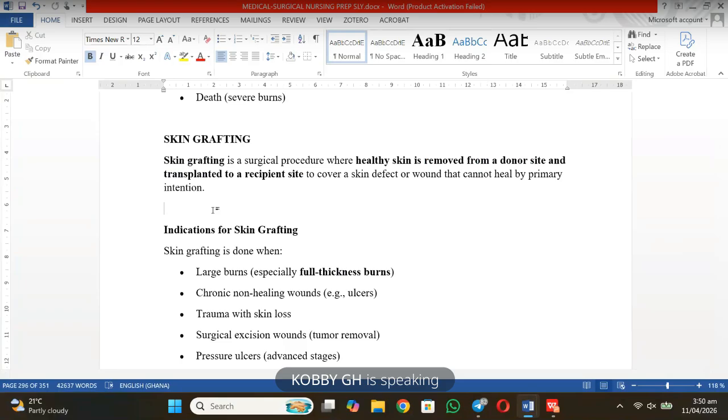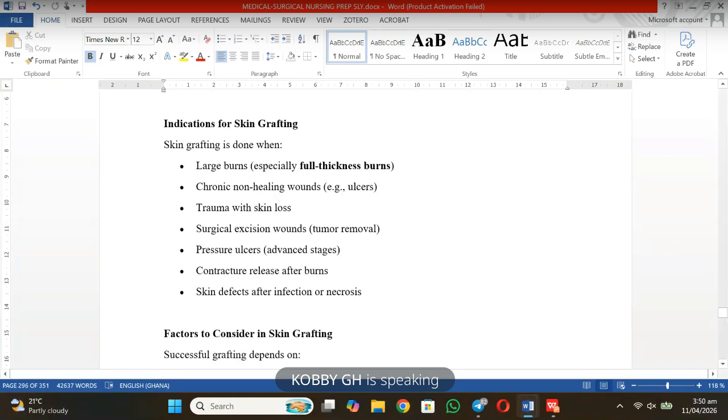Grafting is usually indicated when patients suffer large burns, pressure ulcers, skin defects, or chronic non-healing wounds. These are all indications for grafting.